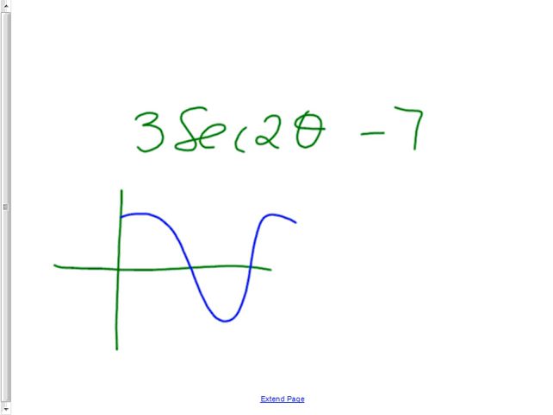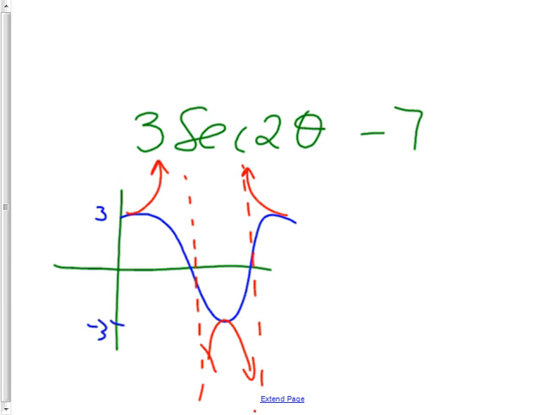So here's cosine. And if we make our cosine go up to 3 and down to -3, then our secant will follow it. The asymptote lines run right down through there, right where cosine hits 0. So that would be our graph of secant, where it's got a 3 here in front.